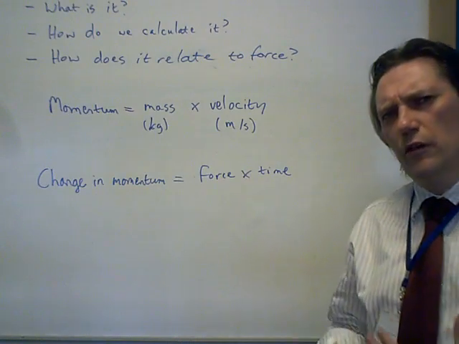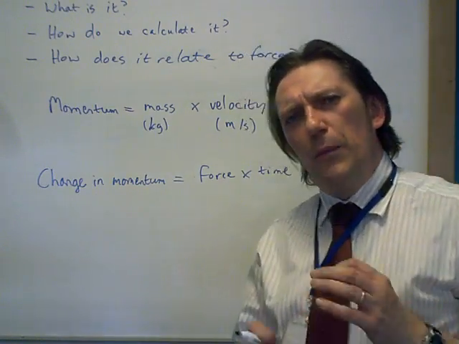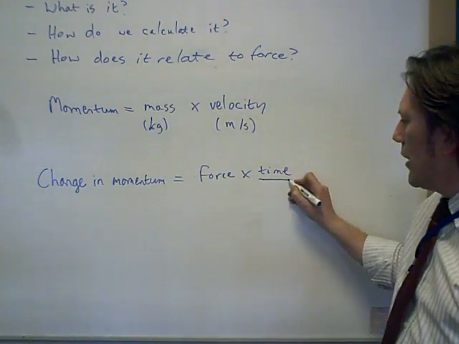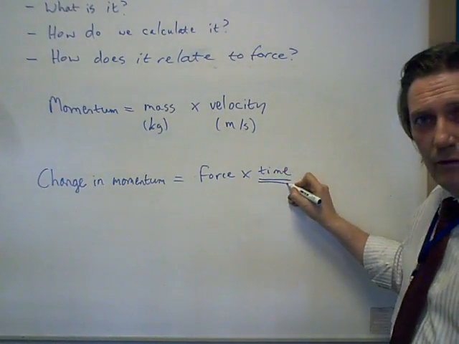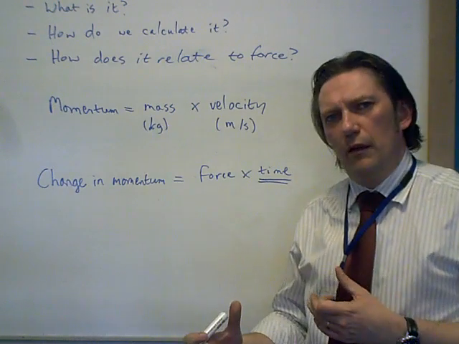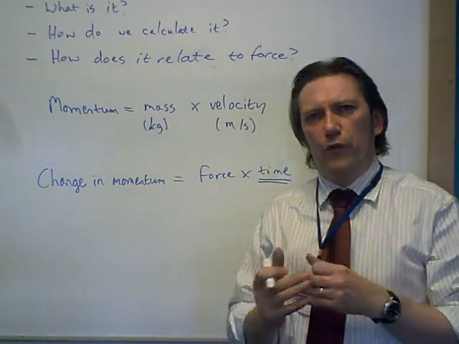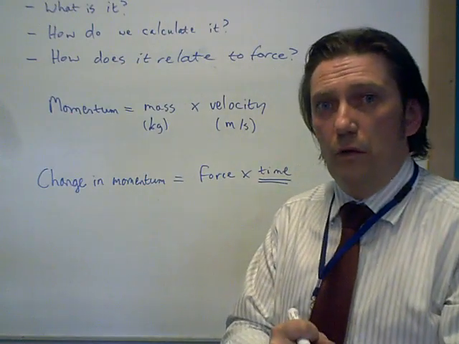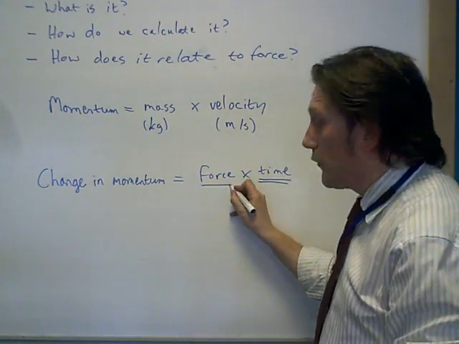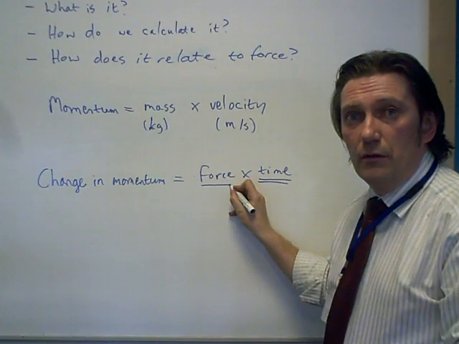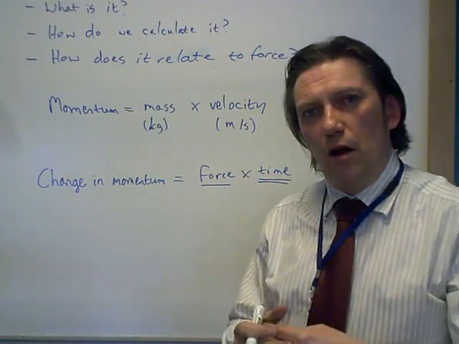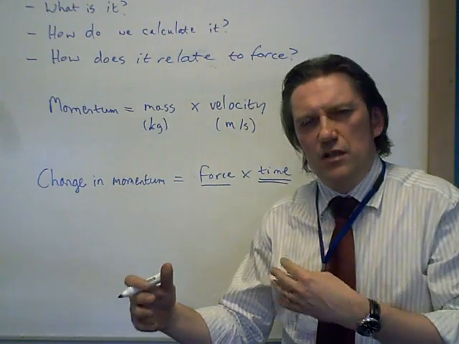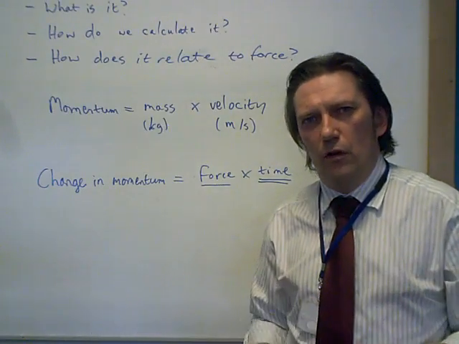But how does that relate to crumple zones? The purpose of a crumple zone in a car is to extend the time of the collision. And the reason why that's important is, it means that less force is hitting the body of the occupants in one go. And as a result, there's less damage. So as we spread out and make a car impact stretch out a little bit longer, there's less chance of serious damage to the occupants.